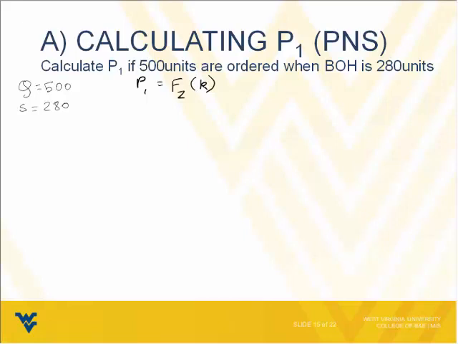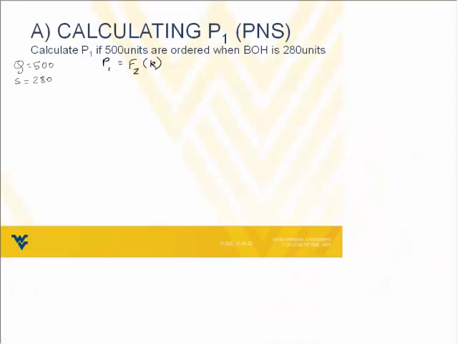So this is equivalent to saying, which implies that, yeah, this is K. So the CDF of K is equal to P1, which implies that the inverse CDF of P1 is equal to K. All right.